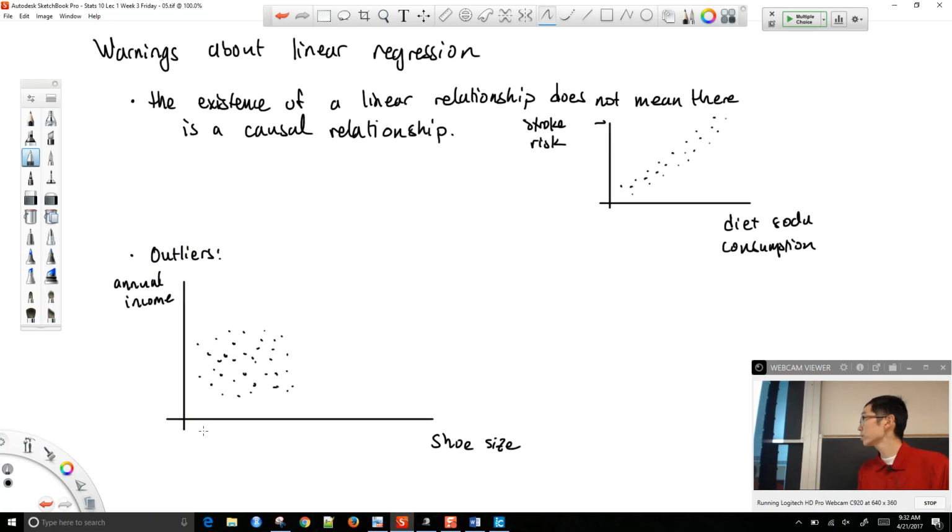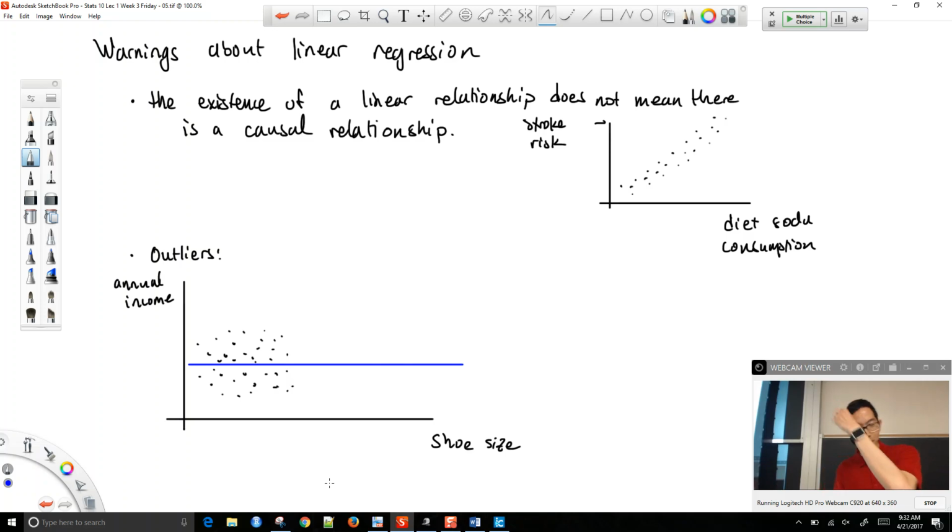We should see no relationship. Well, there might be a relationship because of gender wage gap stuff, but let's just say there wasn't. We would expect no relationship, so your linear regression line should look something like this.